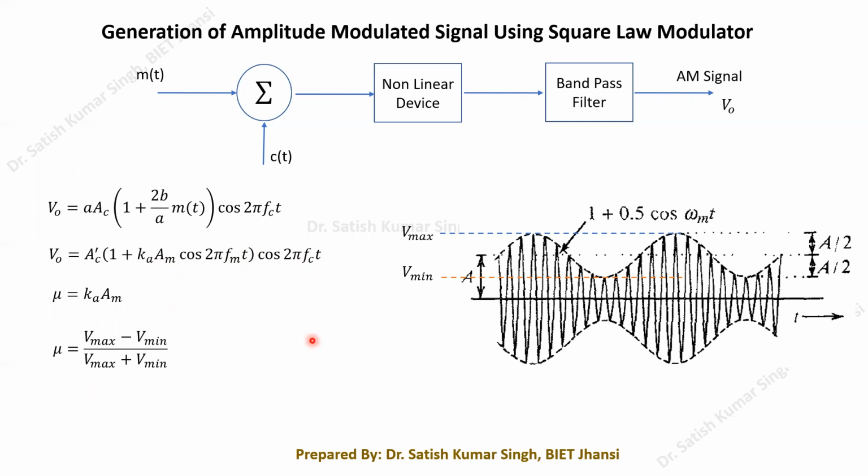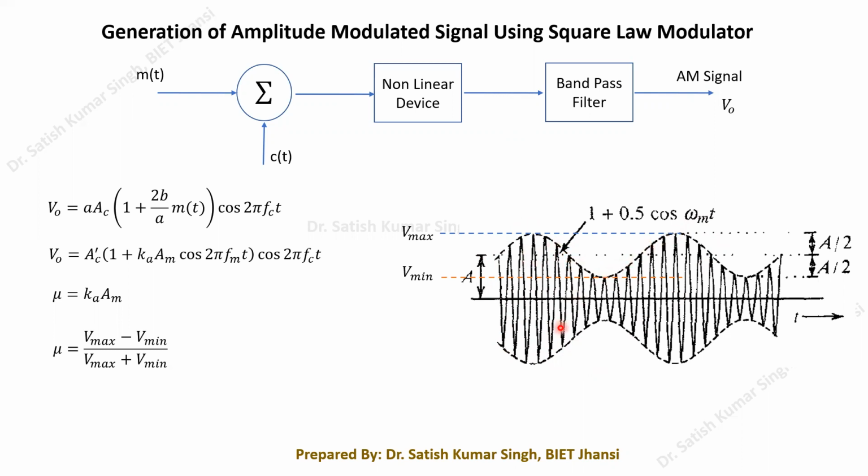You can see that basically we need to obtain this type of signal. This particular waveform is the time domain waveform of our amplitude modulated signal. So we actually have to obtain this particular signal. Here what we can see is this is our carrier signal, and this carrier signal's envelope is actually carried by the message signal.